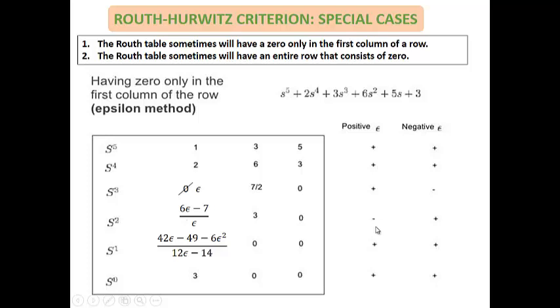So maknanya ada perubahan sign dekat situ. So at the end of that, you can conclude that apabila positif menjadi negatif, dia akan pergi kepada right half plane. Bila right half plane, dia akan menjadi unstable.